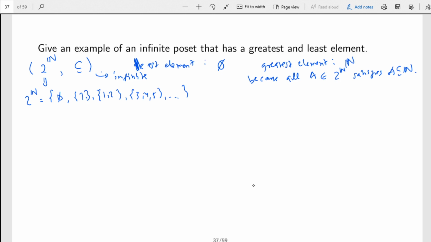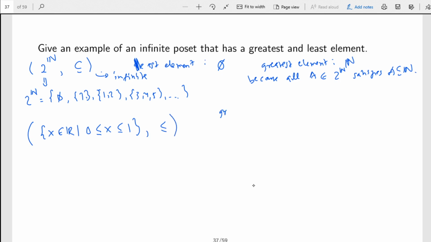And I'll give another example. For example, the set of real numbers x such that 0 is less than or equal to x, less than or equal to 1, and the relation is less than or equal.